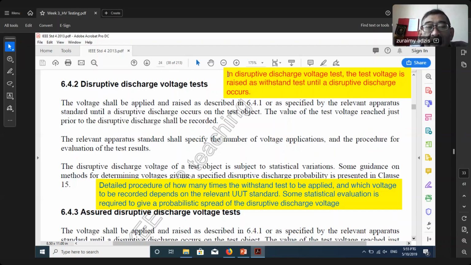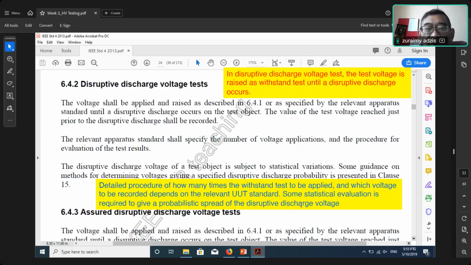Here it is written for the disruptive discharge voltage test: the test voltage is raised as in the withstand test until a disruptive discharge occurs, which means until it breaks down. Further, I wrote here that the detailed procedure of how many times the withstand test is to be applied and which voltage is to be recorded depends on the relevant UUT standard. Again, it depends on the transformer testing standard or the cable testing standard, right?